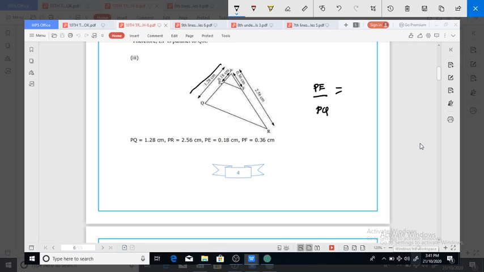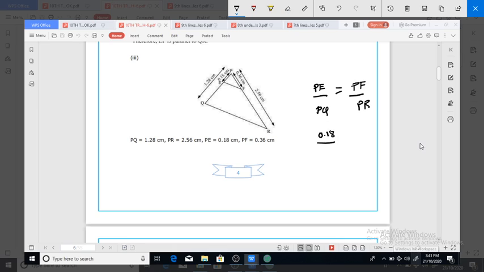Actually, they gave the PQ value, not EQ. That's why we take the PQ value here. So next, PF divided by PR. PE divided by PQ equals PF divided by PR. Okay, what is the PE value?